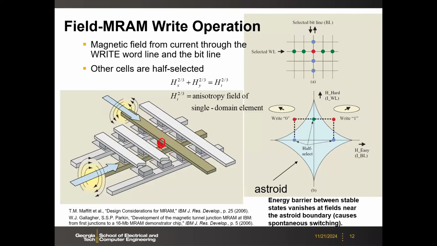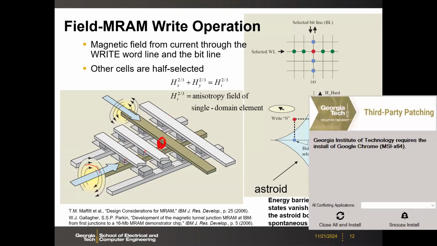But since this field is generated surrounding this line, the other cells along the same line will also see that field. So that causes this half-select disturbance issue. Of course, you want that only when you have two fields, from, let's say, the write word line and the bit line, when they intersect here, the field is large enough to switch the direction. But still, you will have the half-select problem.